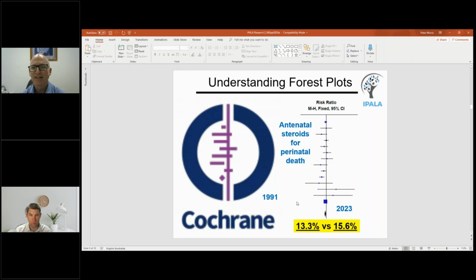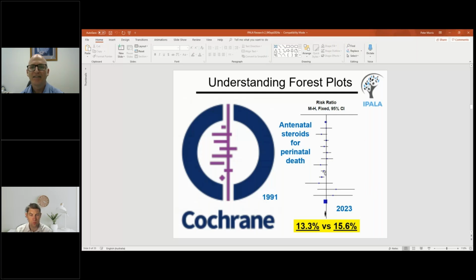On the right-hand side, that's the updated Cochrane review from 2023, and you can see that perinatal death affected about 13% of women if they got steroids, and a bit more than 2% more than that if they didn't.